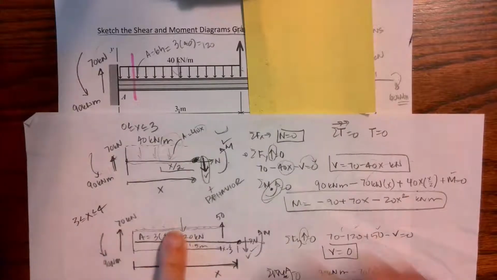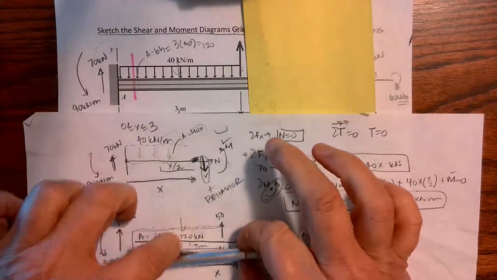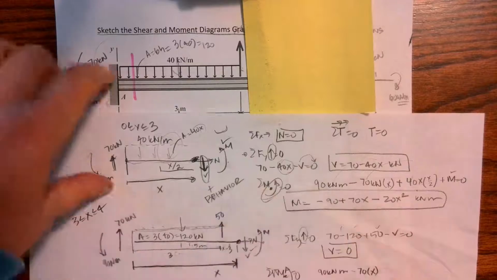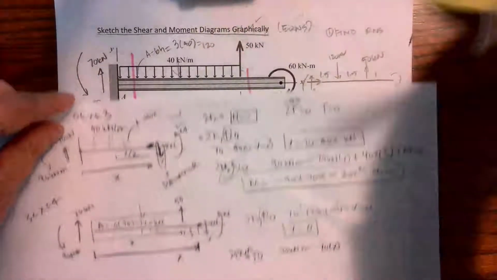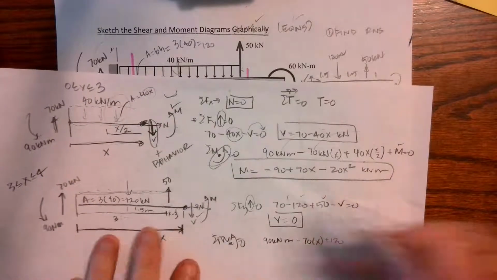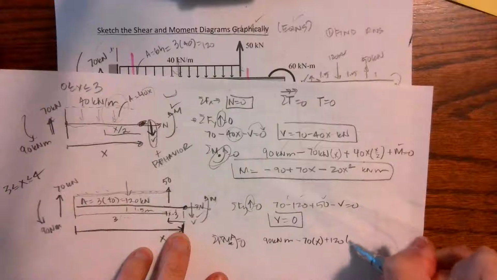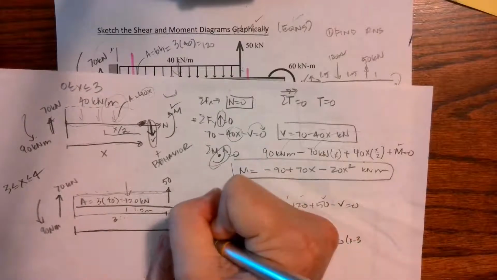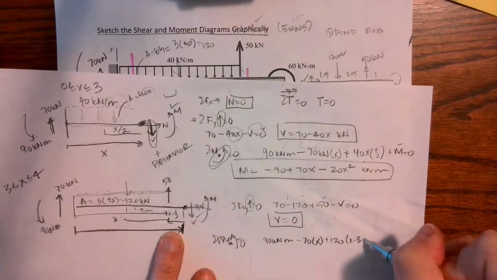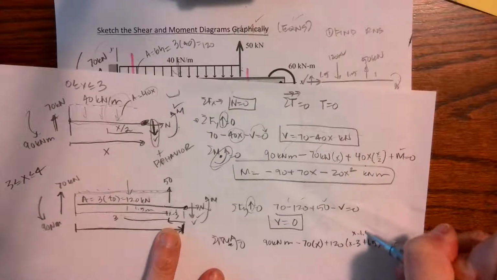Come across, okay, I have this entire uniform load now. It's 120 kilonewtons pushing down, so we have a positive rotation, plus 120. And its moment arm is, well, if I'm at the cut, I have to go back X minus 3, and then I have to go back 1.5 meters, so this becomes X minus 1.5.